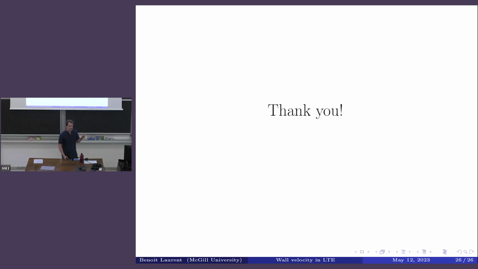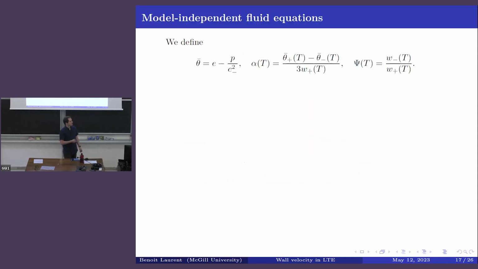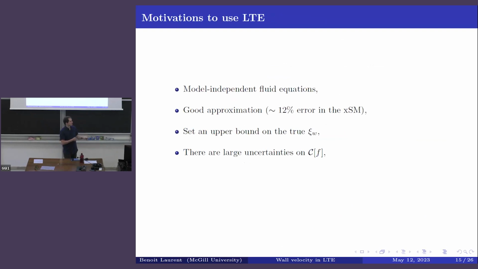Sorry? You're putting delta F equals 0, right? Yeah, like I said, in the singlet scalar extension, it's about a 12% error on the wall velocity by setting delta F to 0. It's an average. Sometimes it's larger than that, sometimes smaller.